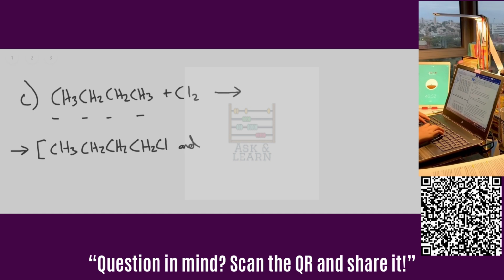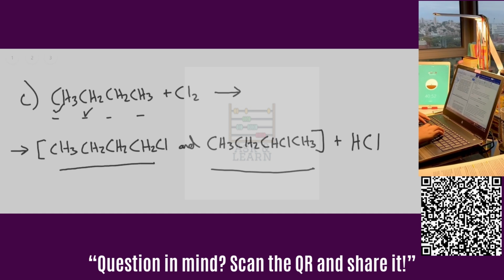And then the second possibility is if we add to one of the middle carbons, CH3CH2CH and then our CH3, and then also we'll produce HCl. So if we had added to this carbon here, we would have produced this molecule here, and then if we added to this carbon, we would have produced this molecule. So we only have two possible products here.